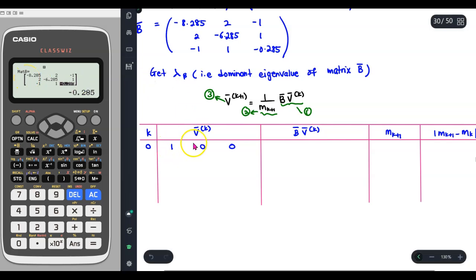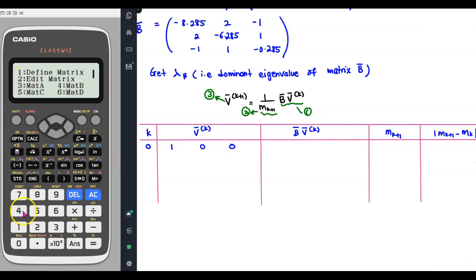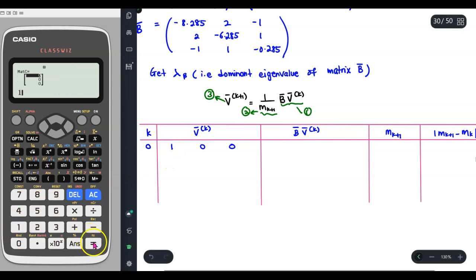Now we also want to store the eigenvector 1, 0, 0 here. So define under the matrix. So define matrix 1. Okay, so you can choose mat A, mat C, or mat D. Okay, so I'm using mat C here. So number 3, number of rows is 3, number of columns is 1. Okay, for the eigenvector. So 1, 0, and 0. Okay, so that is your eigenvector. Now your computation starts with the B Vk.